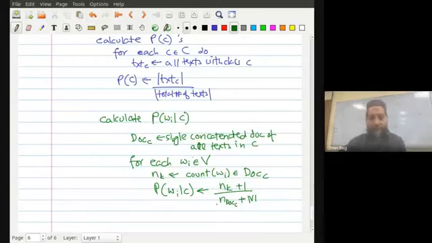So this n is the number of words in the document, and perhaps I should just write it as doc C. Okay. So this is where we are calculating our naive Bayes parameters.